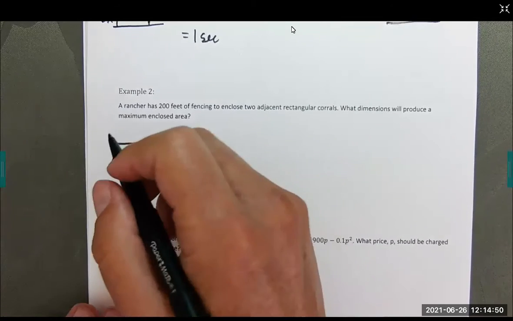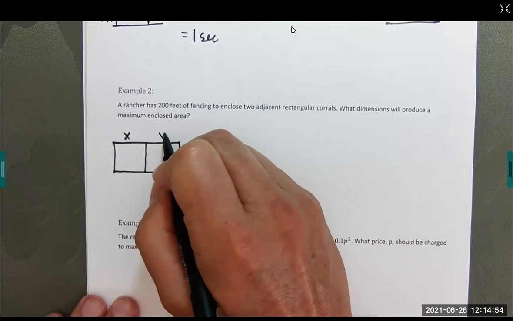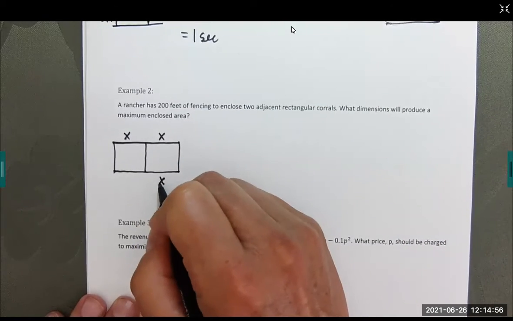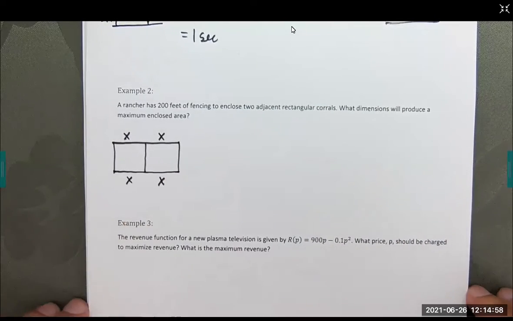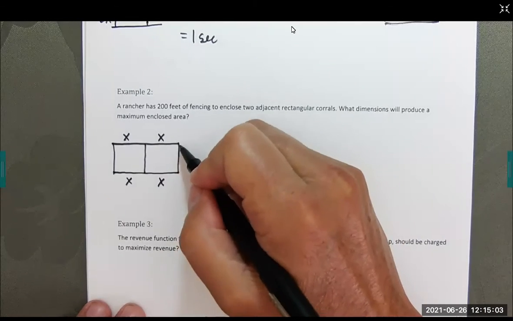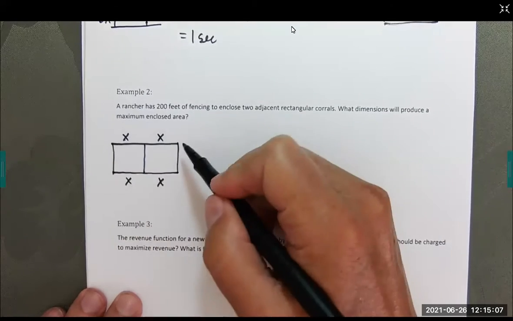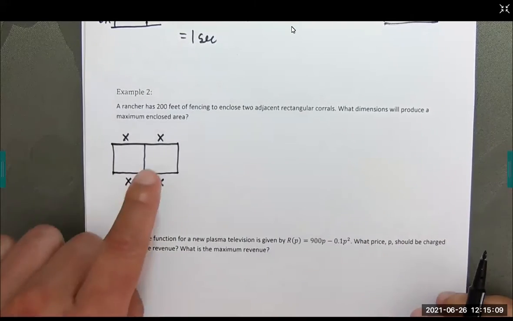If I call this x feet, this is also x feet. Now here's where it gets a little tricky. What is this height here? Well, all of it, including the endpoints and the middle fence, that's also part of the 200 feet.